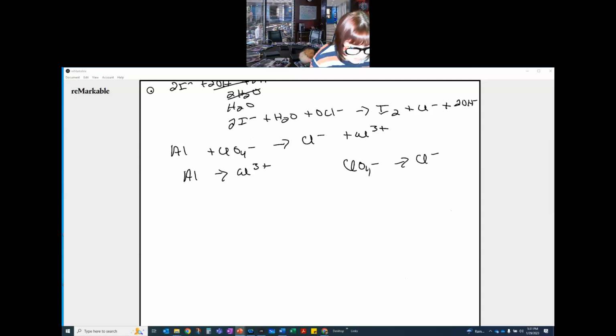Okay. I have one Al on both sides, reactant and product. I have one Cl on both sides, reactant and product. I have 4 oxygens over here, so now I need to deal with that.